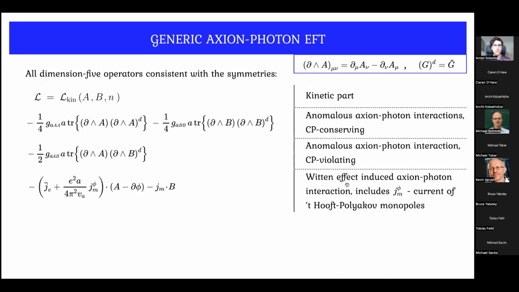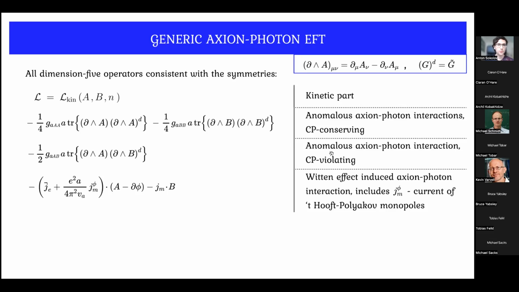Now, we consider this theory, and we developed an effective field theory approach to this quantum electromagnetic dynamics theory. In this approach we classified all possible marginal operators consistent with the symmetries of quantum electromagnetic dynamics.